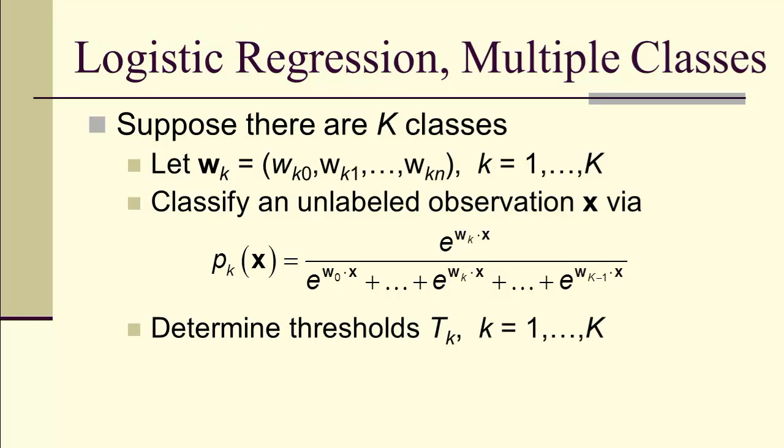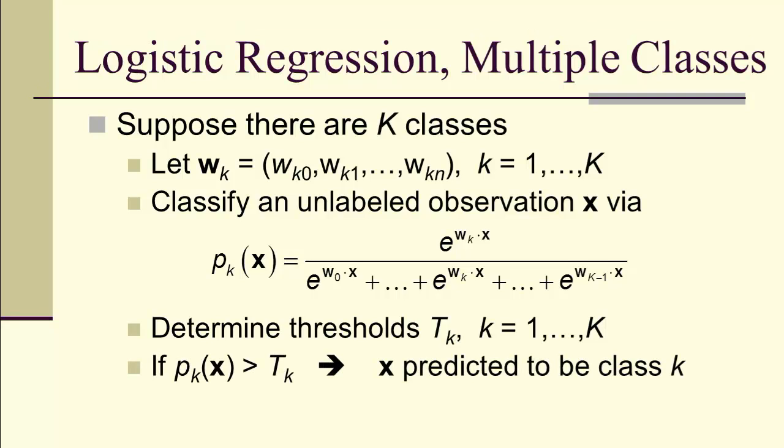You need a threshold for each probability model, P sub k, where k is equal to 1 to capital K. In each one of those, you would predict x to be in class k when P sub k is greater than T sub k, where T sub k is the threshold.